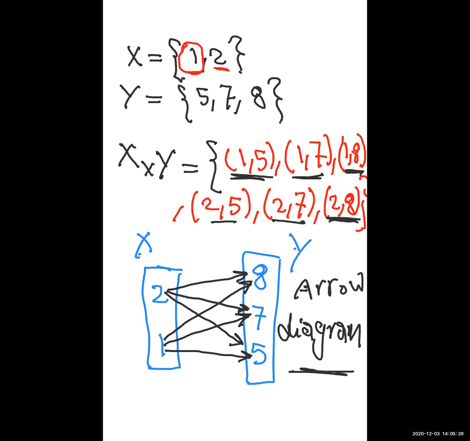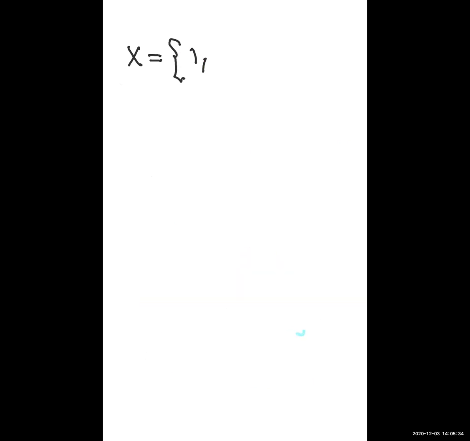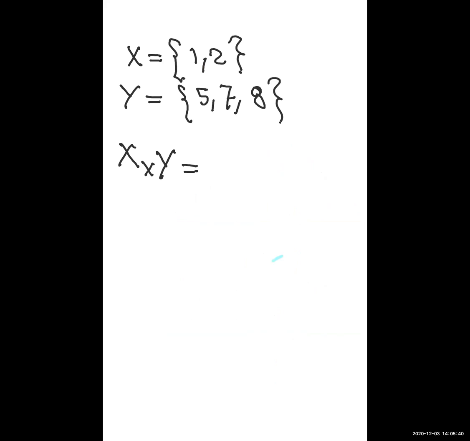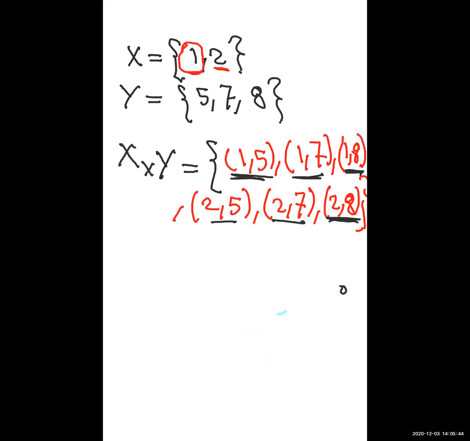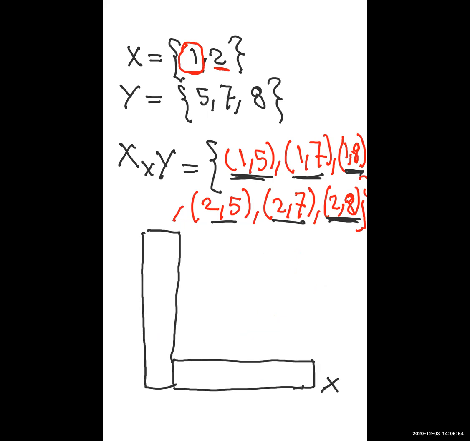Okay, great. So let me clear this arrow diagram and show you how to draw the graphical diagram or Cartesian diagram. It's very simple also. So this one will be the set of x, and this one will be the set of y.